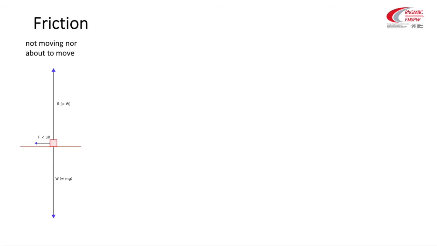And notice on the diagram mu R is the frictional force, as we saw on the previous slide, and in this situation R is the reaction force of the surface on the object, and that's equal to the weight because it's in equilibrium vertically, so the reaction force must be equal to the weight, or the upward force equal to the downward force. So at this stage there is a force on the body, if you like, trying to pull it along, but the friction is enough to stop it moving.